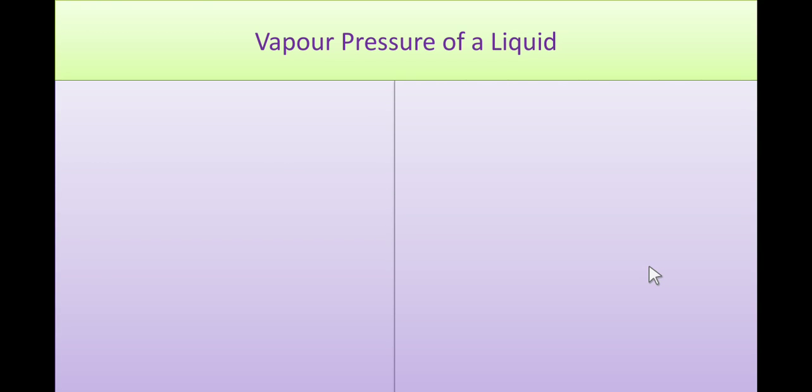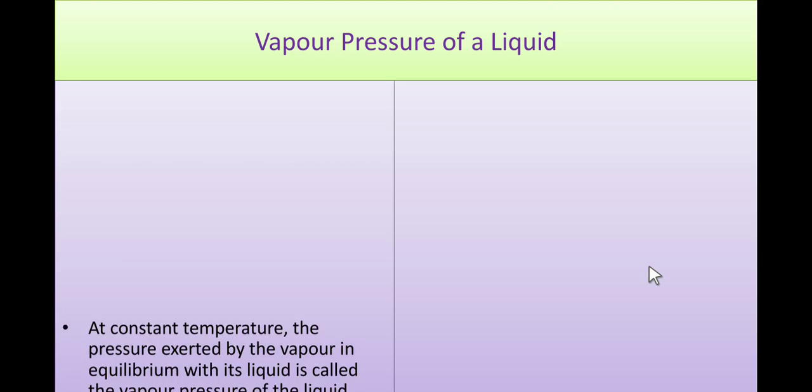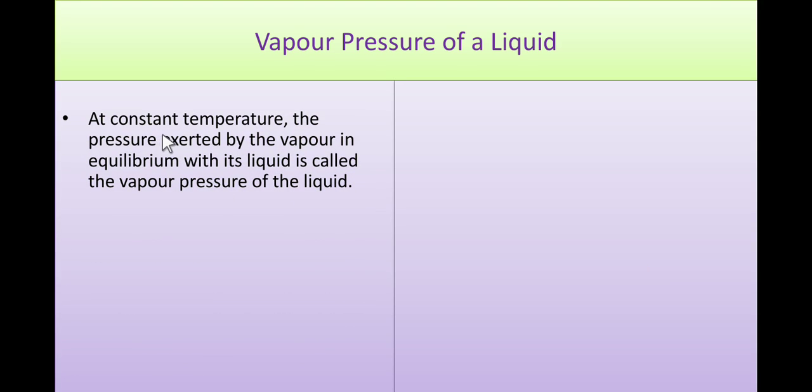The process by which a liquid changes to vapor is called evaporation or vaporization. At constant temperature, the pressure exerted by the vapor in equilibrium with its liquid is called vapor pressure of the liquid.